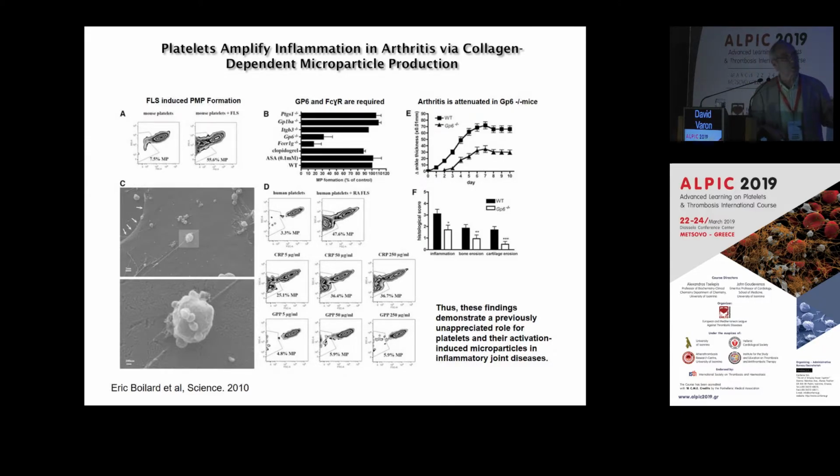I don't have time to go through these details, but this finding demonstrates a previously unprecedented role of platelets as a mediator of inflammation by inducing microparticles that are inducing this arthritis. Okay?